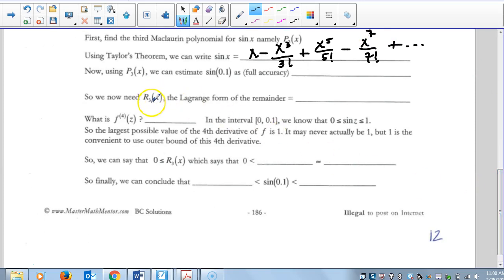So P3 is the polynomial, or I could say this is T3. This is the 3rd degree Taylor series for sine. Well, the 3rd degree cuts off right here. So really we're just using the first 2 terms. And I'm using the value 0.1. So I'm going to have 0.1 minus 0.1 cubed over 3 factorial.